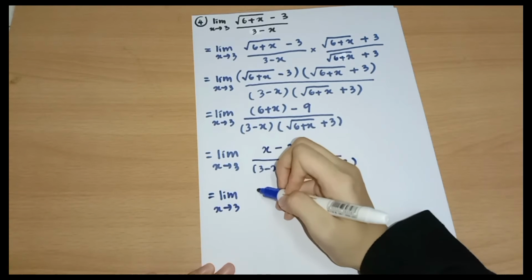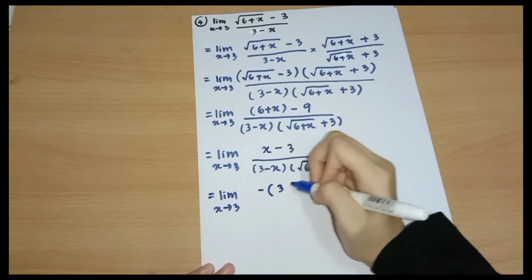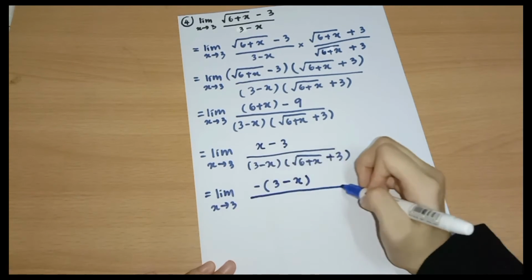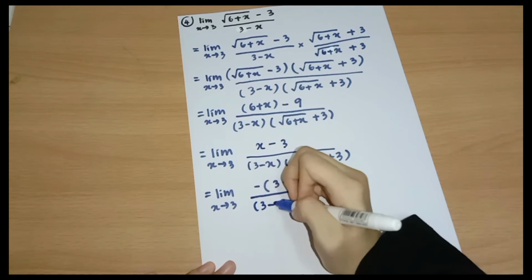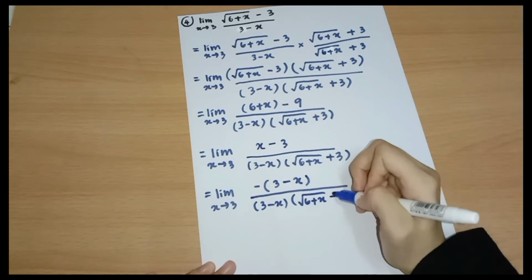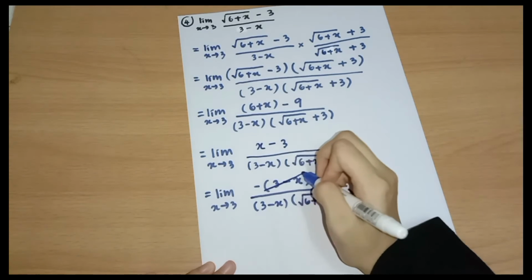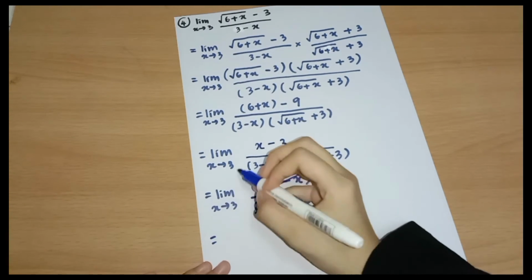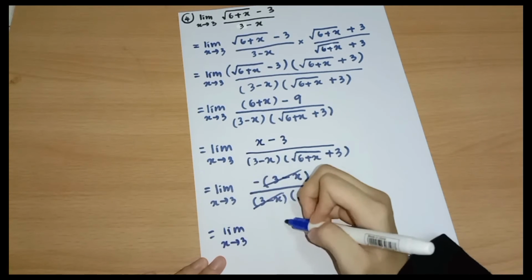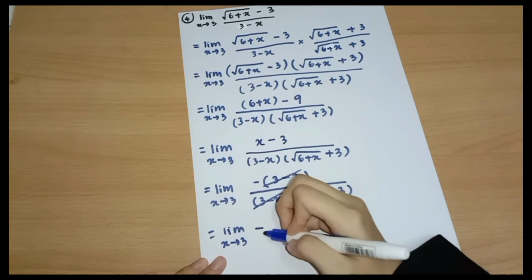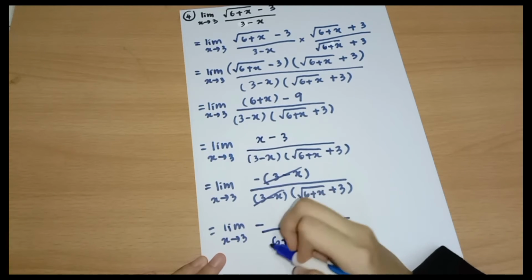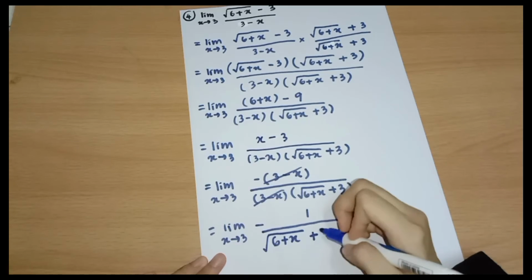To simplify it, we factorize the numerator, and it becomes negative (3 minus x). Then we can simplify and will become negative 1 over square root of 6 plus x plus 3.